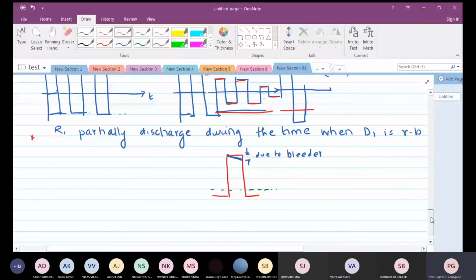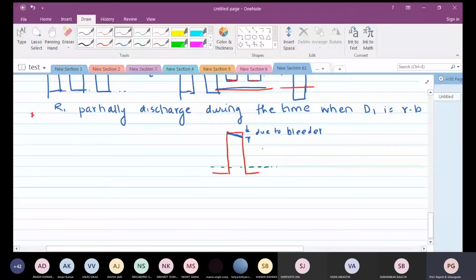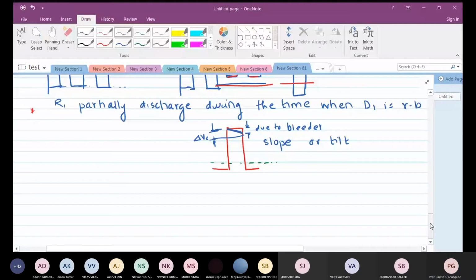This is called the output slope, or the tilt, which we call delta VC, on the output waveform. So the output will not be an ideal waveform like what we have seen till now, but there will be a slight tilt because of that resistor R1.